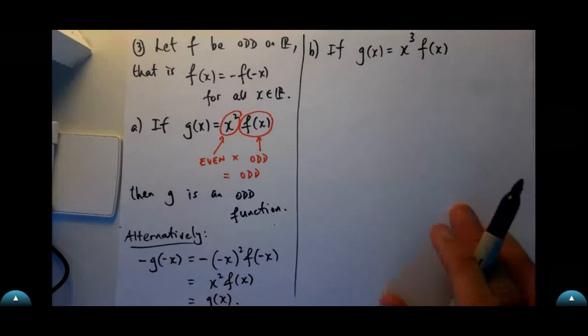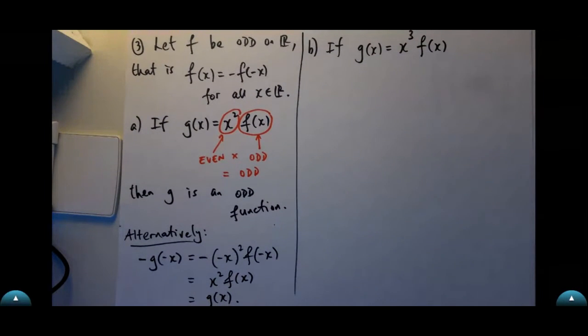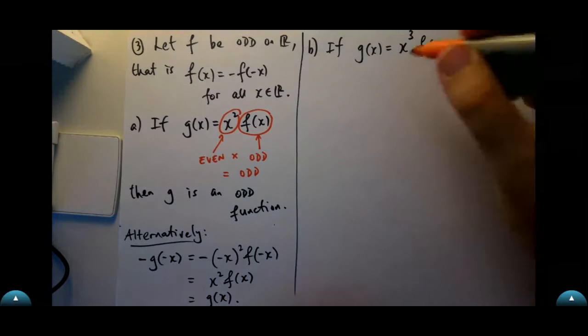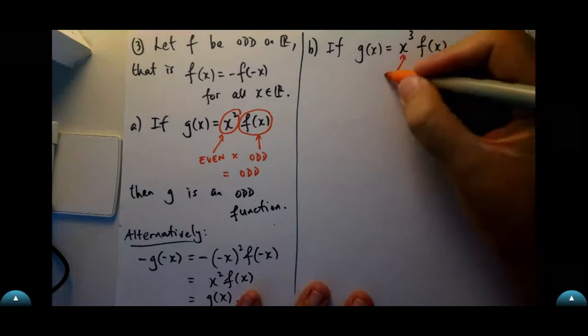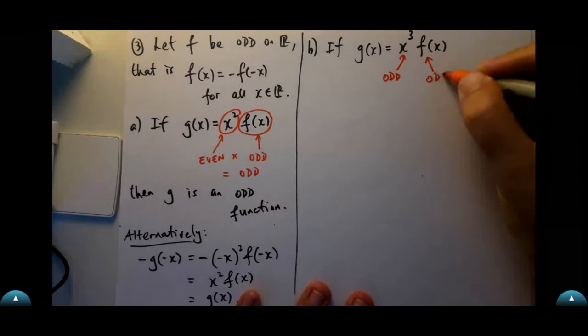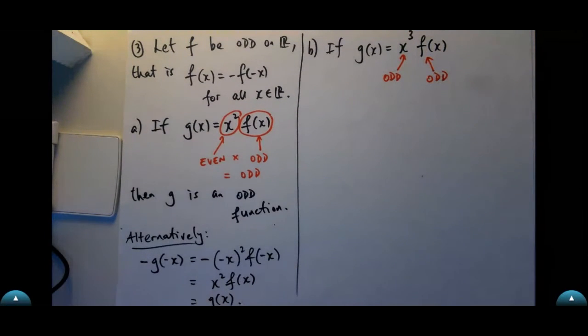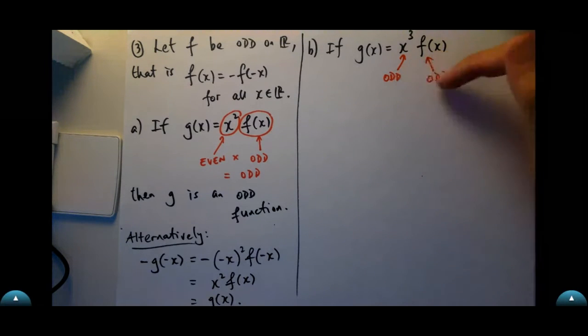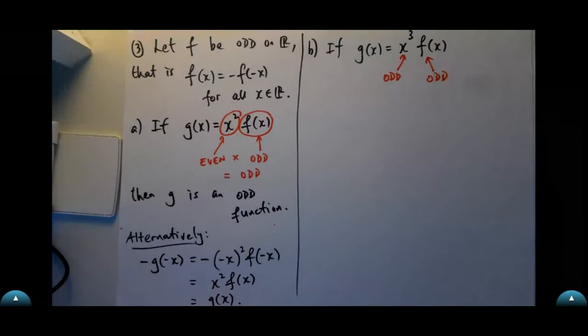Now we have a situation where we've got an odd function multiplied by another odd function. So can anyone predict what this product might be?